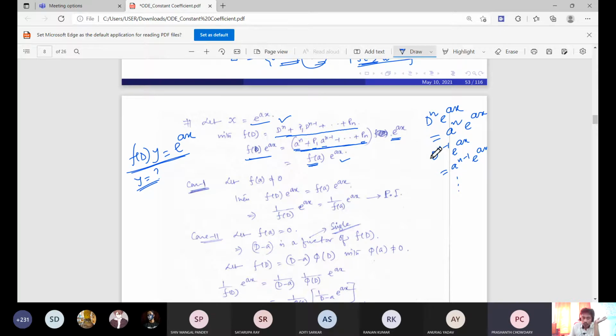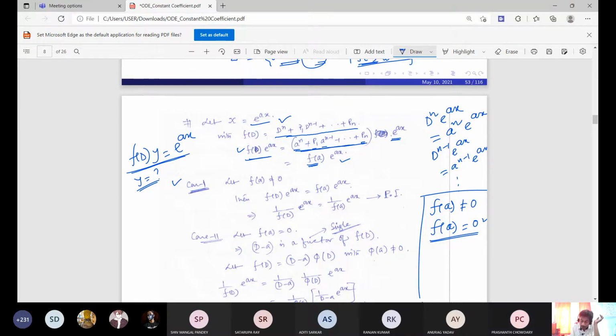Now see, there are two options. That means f(a) can be 0 or f(a) is non-zero. So we have to consider both the cases. Let's say for the time being, we are considering f(a) not equal to 0. Obviously, we will consider the f(a) equals 0 case subsequently. So if f(a) is non-zero, then from this relation, f(D) e to the power ax equals f(a) e to the power ax.